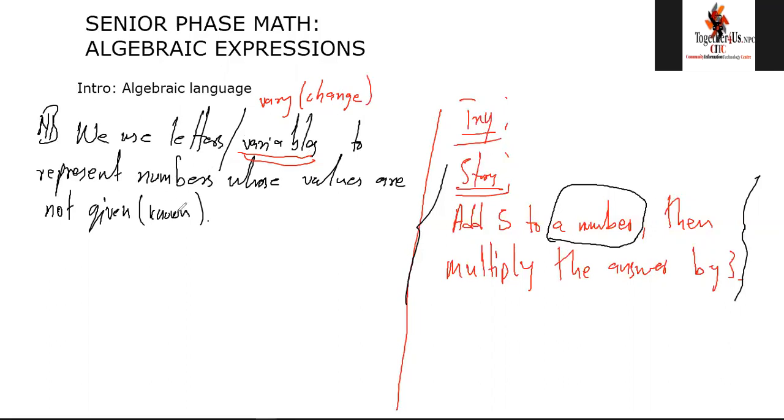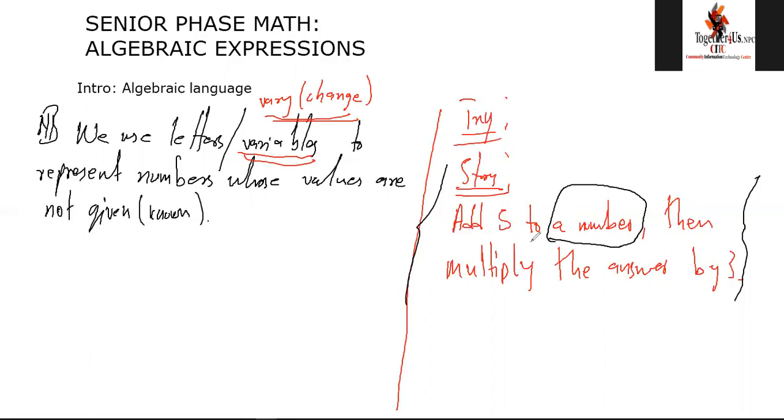So you will see now why I use this word variable, so that you can actually get a rich meaning of why we use the letters, okay? So let us do this. Let us solve the story, and then we will have some nice other application or appreciation of why we use the word vary.